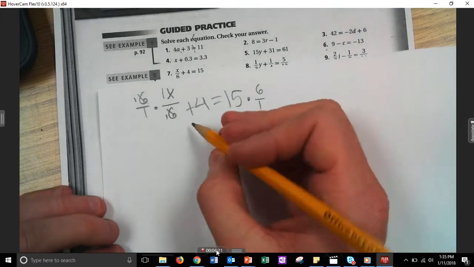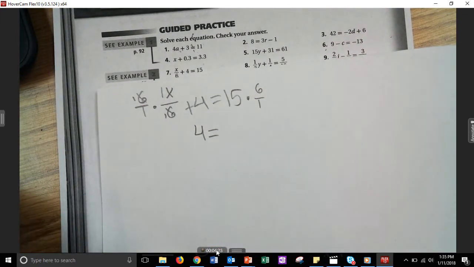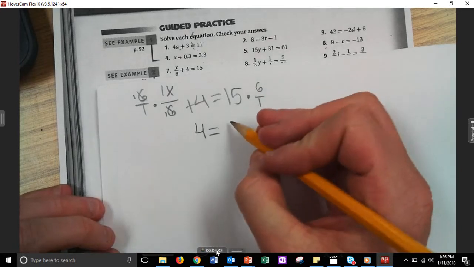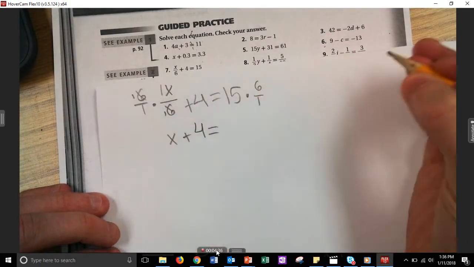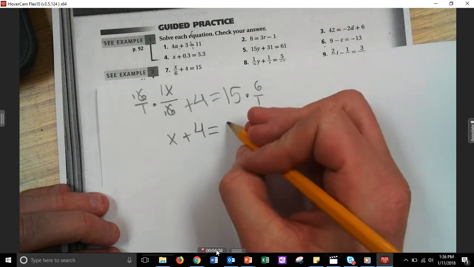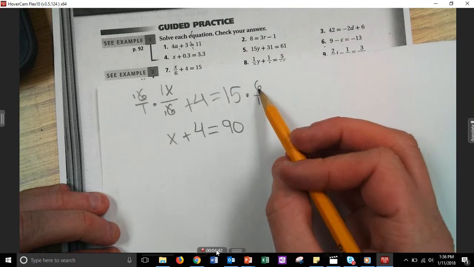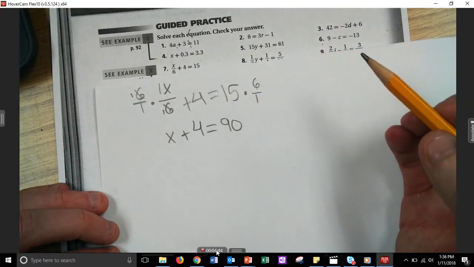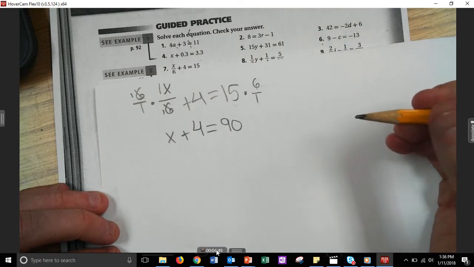Now we can drop this down, so we have x plus 4 equals, and we have 15 times 6. So now we are at x plus 4 equals 90, because if we do 6 times 10, that is 60. 6 times 5, we get 30. Add them together, we get 90.